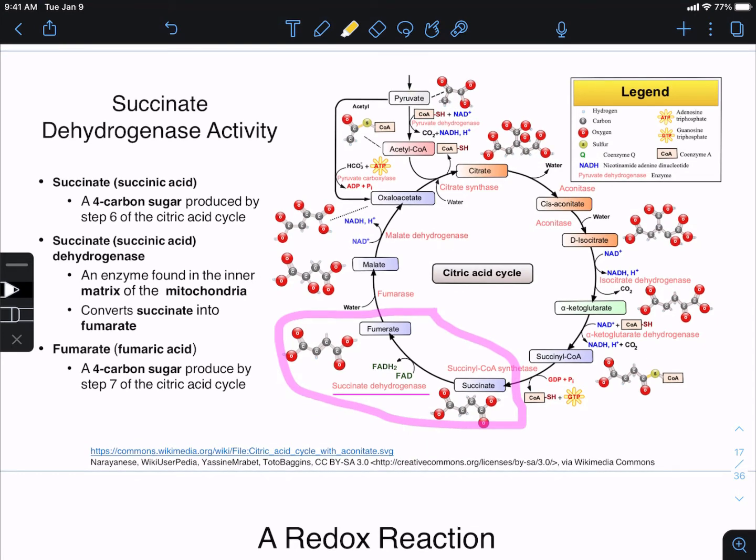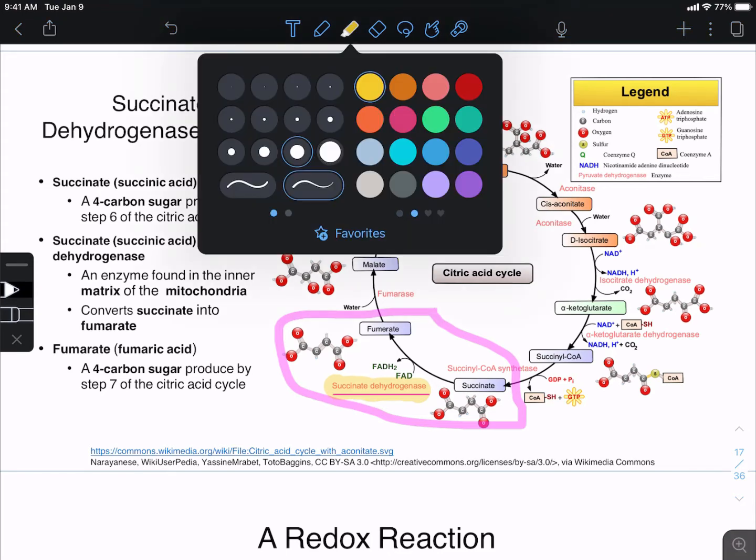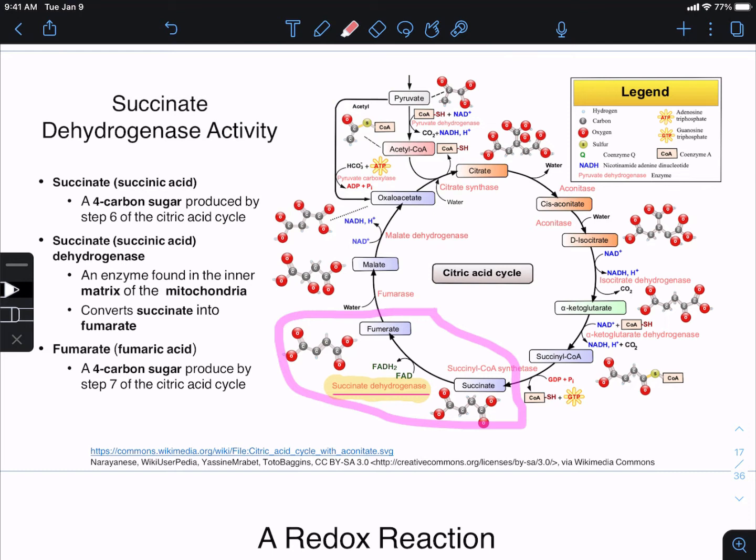Now, another piece of information you're going to need for this lab is succinate dehydrogenase activity. Succinate dehydrogenase, also known as succinic acid dehydrogenase, is an enzyme found in the citric acid cycle. It's located in the mitochondria. Its job is to convert succinate, also known as succinic acid, into fumarate, or fumaric acid.